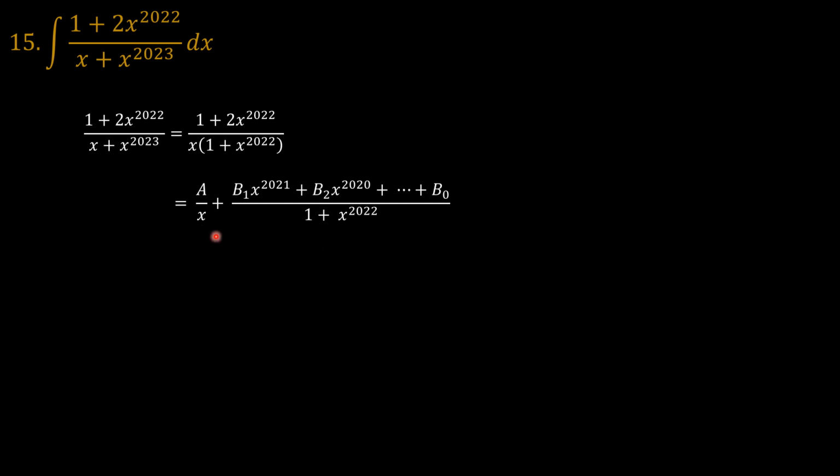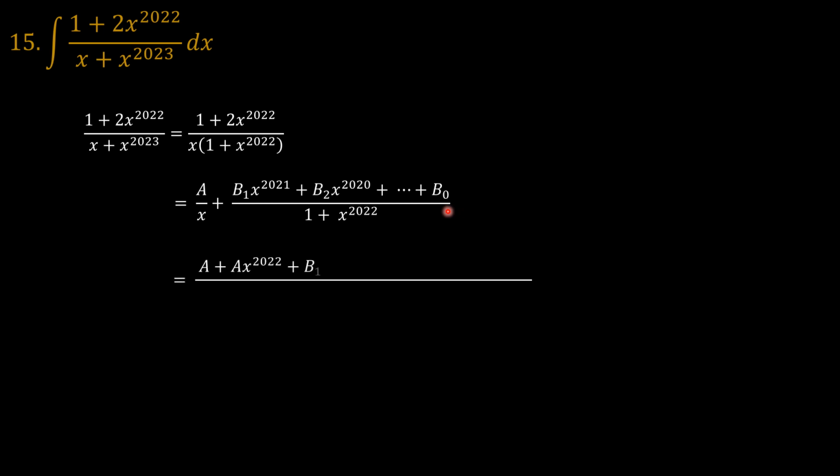So for x, a constant a would suffice, but for 1 plus x to the power 2022, you'd have everything from x to the power 2021 all the way to the constant. And we've used b1, b2 all the way to b0 at the very end here; the subscripting should have been better, but for simplicity's sake.